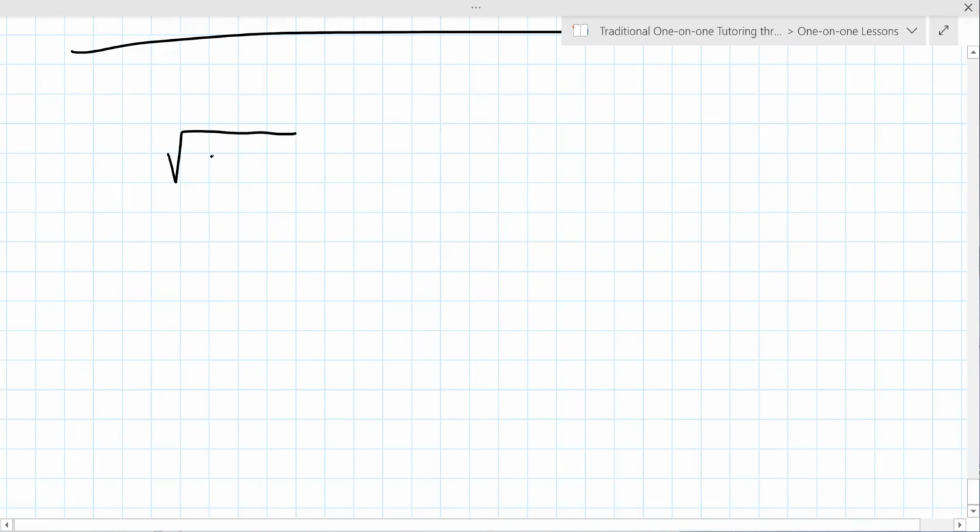What's the square root of 96x? This is closer to one of the first problems we did today.